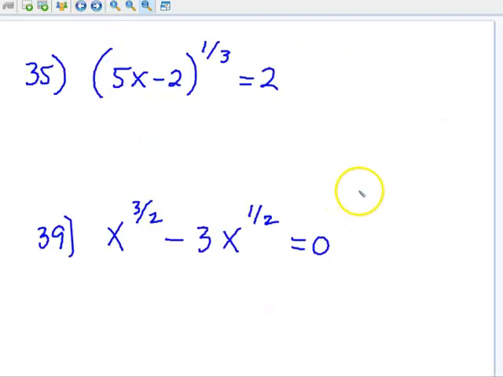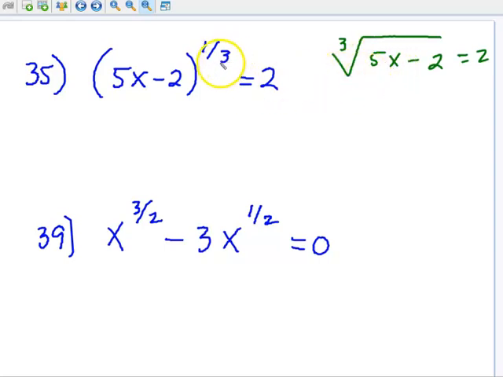All right. Now, when you have expressions where the exponent is a fraction, fraction exponents are just another way of writing radicals. So I'm going to put in green an equivalent equation. These mean exactly the same thing.